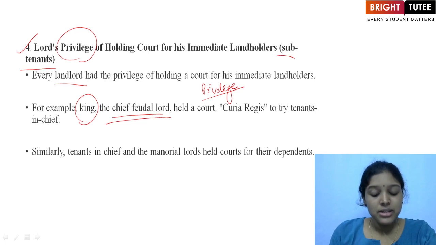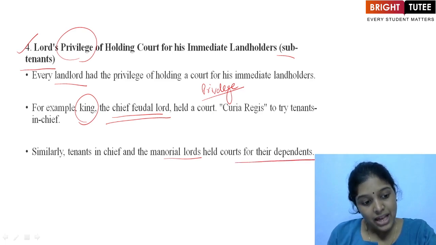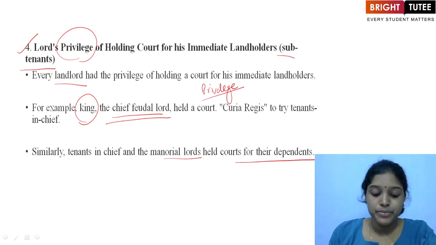And similarly, tenants in chief and the manorial lords held courts for their dependents. As the king did, the immediate lords or the tenants in chief in their place also had the privilege to decide whom they should give their lands to. This is also an important feature of feudalism.